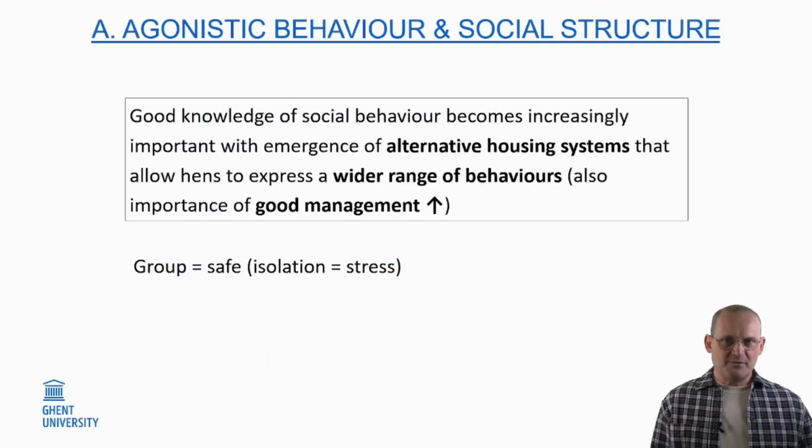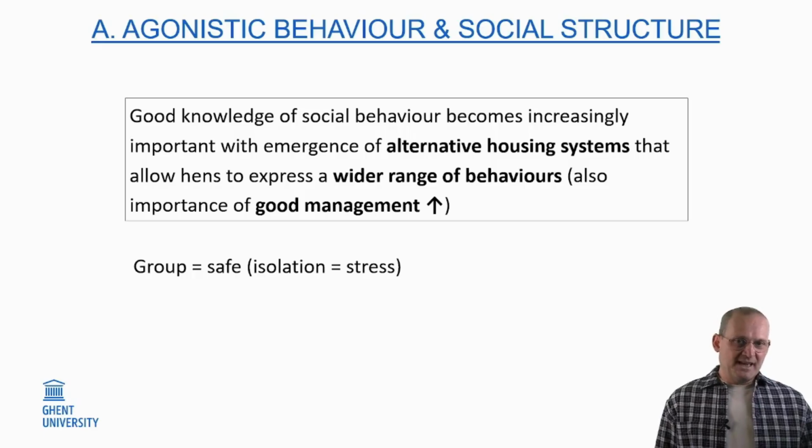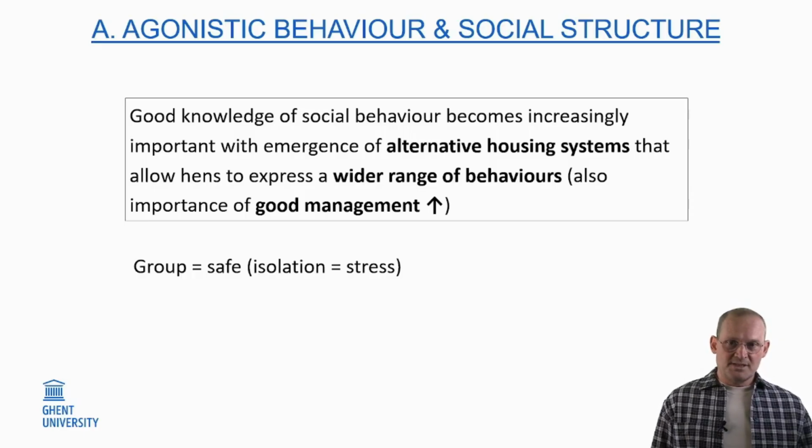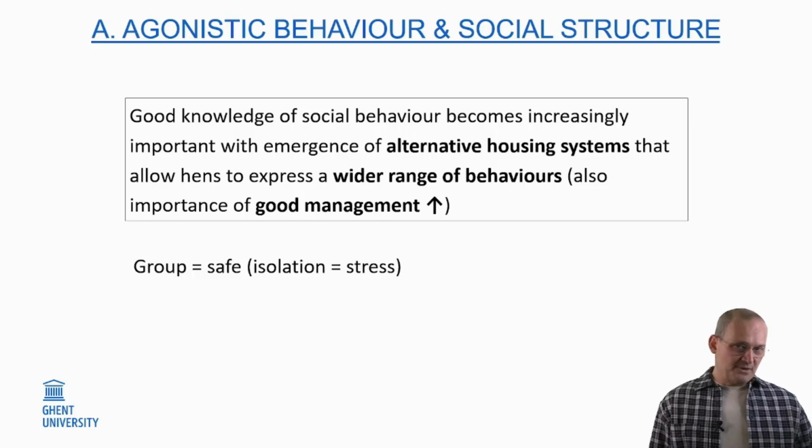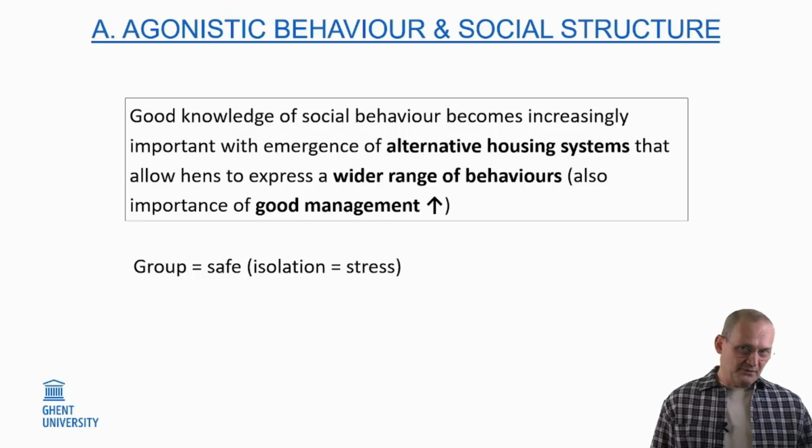Well, agonistic behavior has to do with anything, not only aggression, but also threatening, showing subordinates and things like that. And it's important to have a good knowledge of the social behavior, and even more so with the emergence of alternative non-cage housing systems that allow hens to express a much wider range of behaviors.